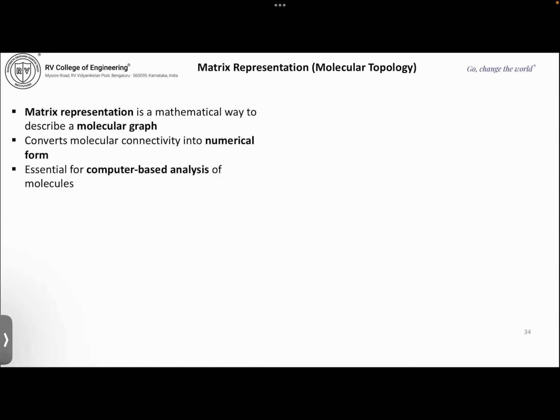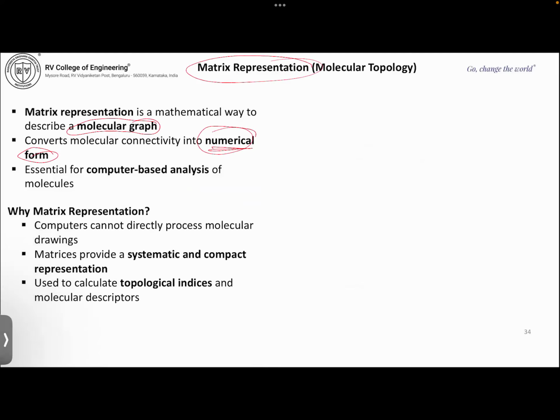Let us understand how these graphs are converted to matrices. Matrix representation is a mathematical way to describe the molecular graph. It converts molecular connectivity into a numerical form, because our computer can understand only mathematical formulas and numerals. It is essential for computer-based analysis of molecules. Why matrix representation?